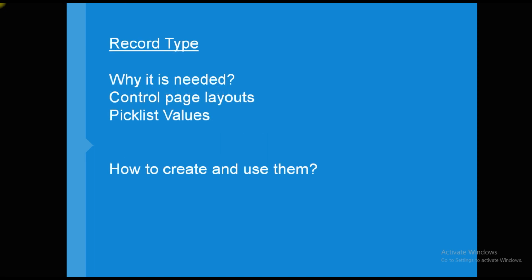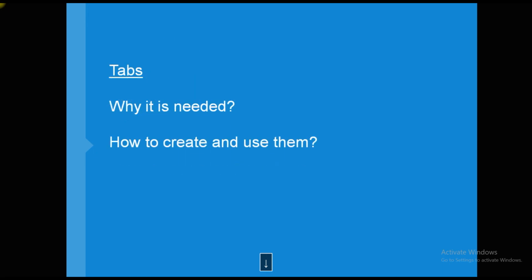Record type is needed because we have to control the page layout at the record type level, and the pick list values also we have to restrict here. So what we have done: for the 1 2 record type, 1 and 2 are the fields available. For the 3 4 record type, we have provided the pick list values for classes 3 and 4.